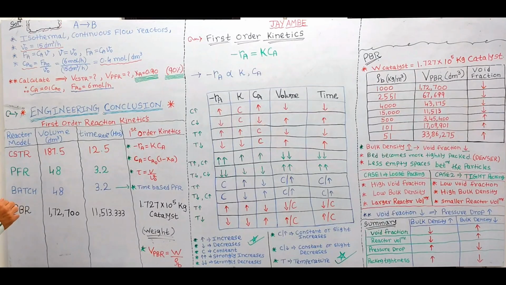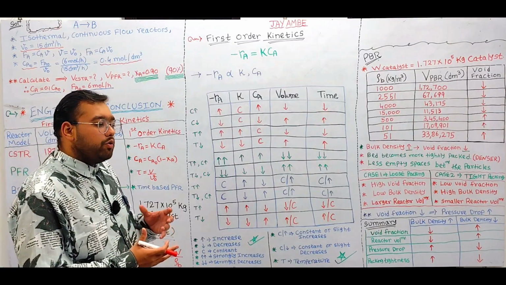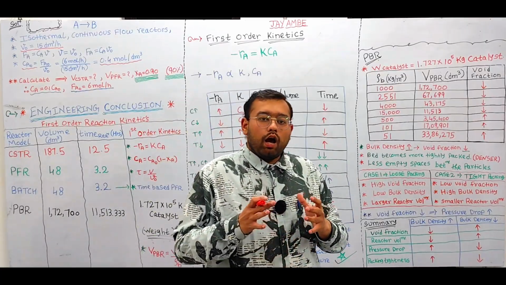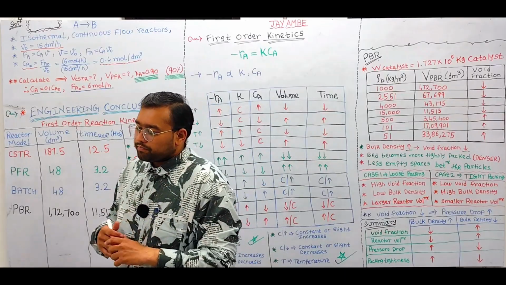Now the third reactor model is the batch reactor. I made you understand the batch reactor in the previous lectures. In the batch reactor, the outlet stream is kept closed.